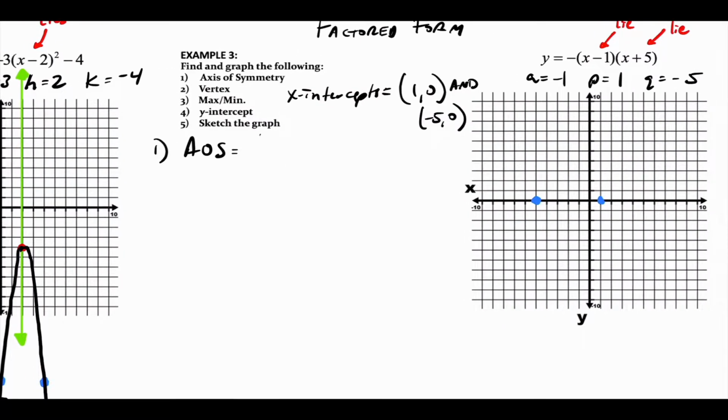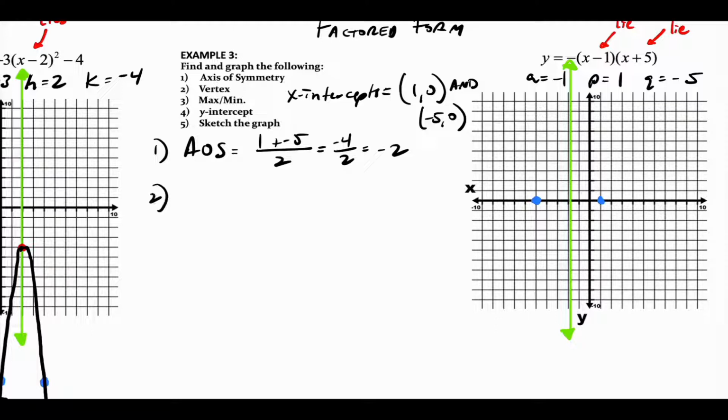So P is 1, Q is -5, divide by 2. So if I add up 1 plus -5, I get -4. And I divide by 2, I get -2. That's the axis of symmetry. So sometimes you can see it visually. Sometimes you can't. So if you can't, use that. P plus Q divided by 2.